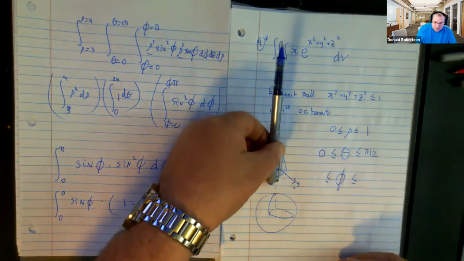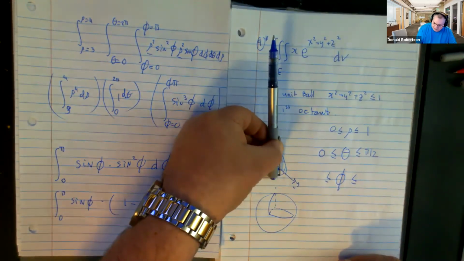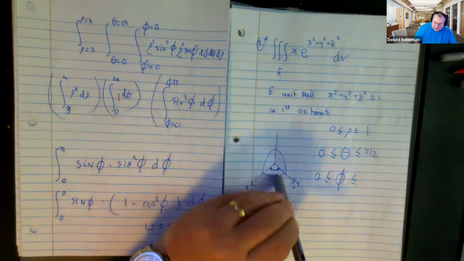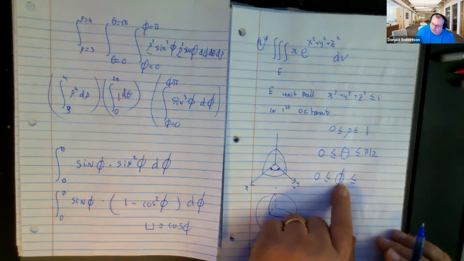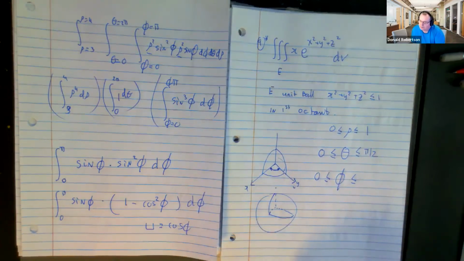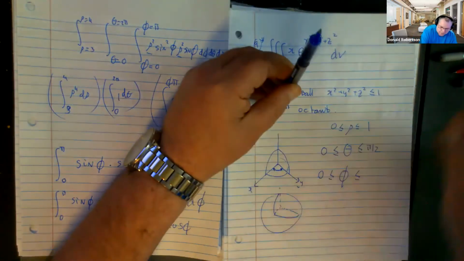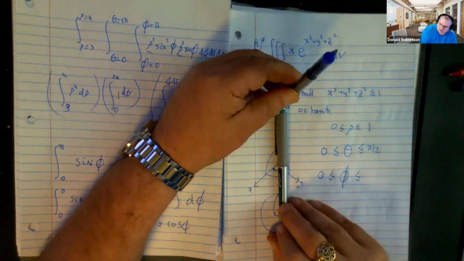starting vertical and curving down, this is phi, right? Starting vertical, which is 0, and curving down until you hit the XY plane. What is going to be the restriction on phi then to make that happen? Right, so start vertical, and then you curve down that way.